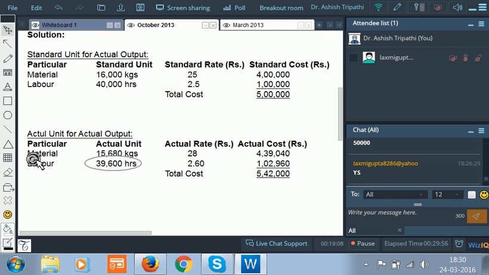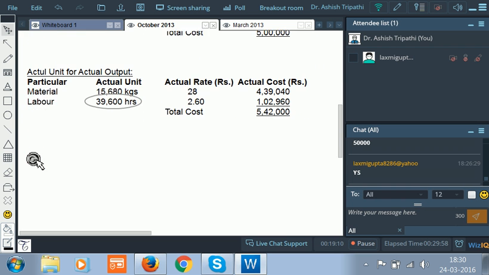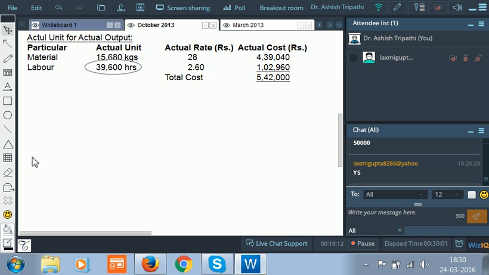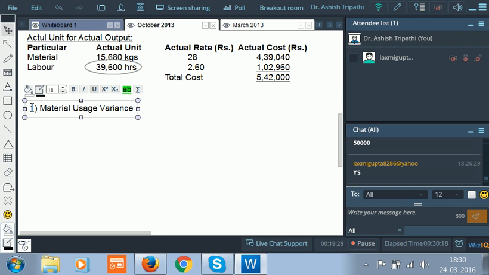So let us solve material usage variance first.